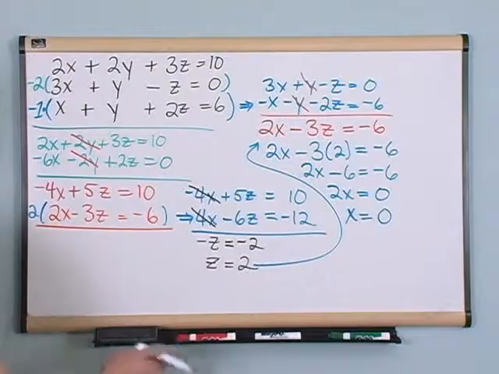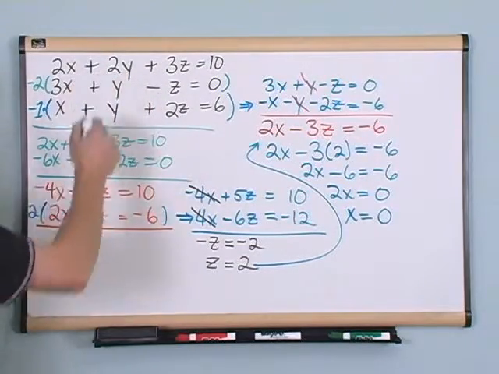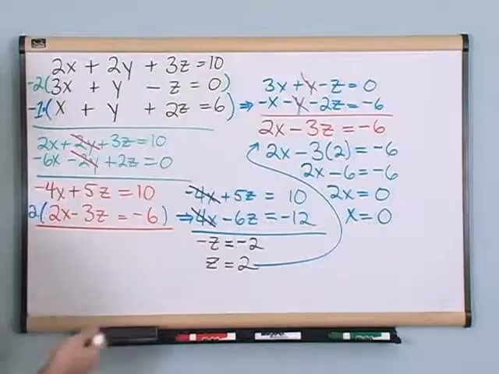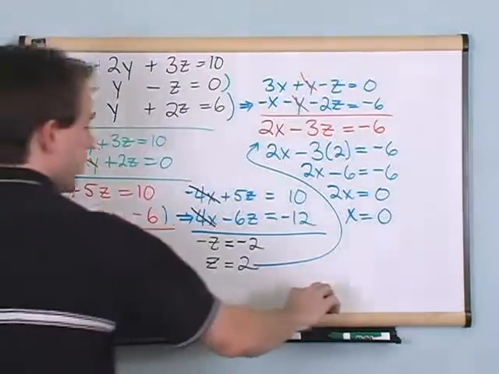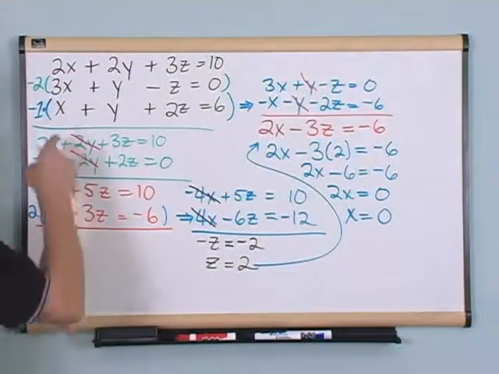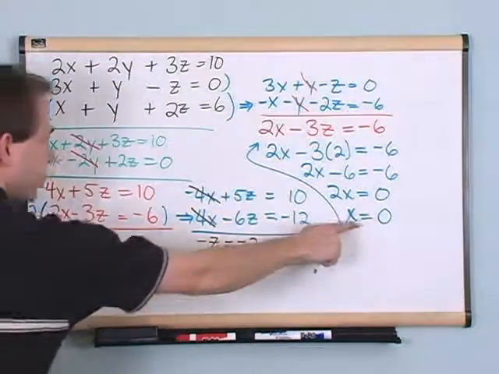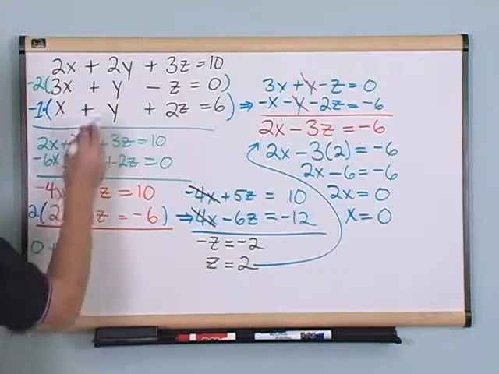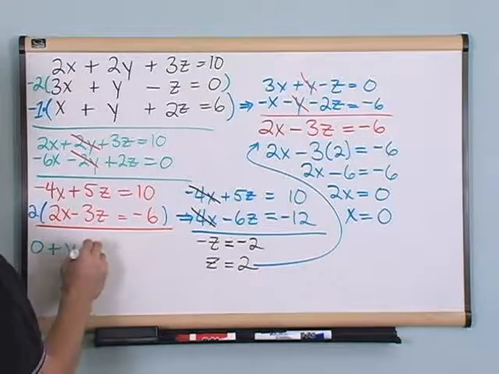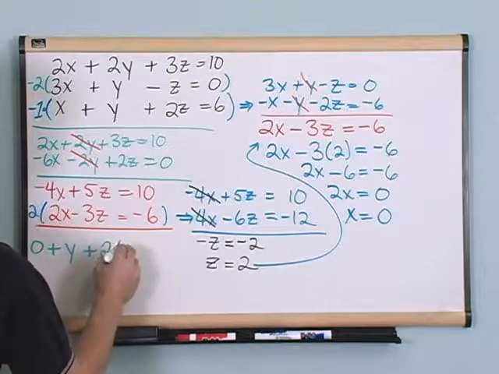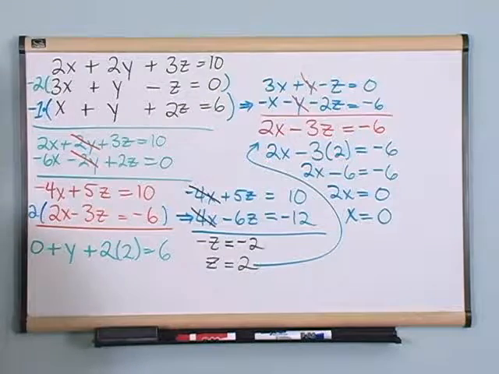And the way you find the third one is you go and you plug it back up into here. You can pick any one of these equations. I'm going to pick the bottom one just because by looking at it, it looks to be the simplest to me. So I'm going to use this one. X is equal to 0, so I'm going to put 0, plus y, which is what I don't know, plus 2 times z, which is 2, equals 6.